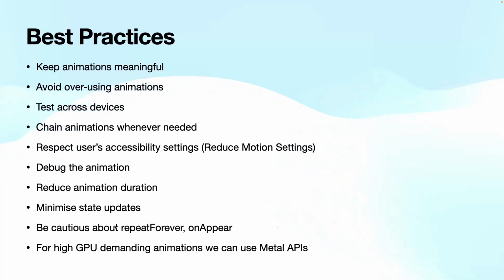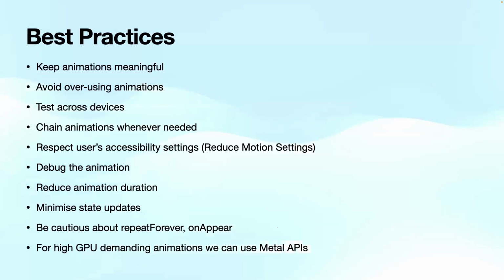And also you need to be very cautious about repeat forever, because that will repeat forever. There is no other functionality to stop that, so you need to be aware about that. And also with on appear, if you trigger an animation on appear, then that particular view may re-render multiple times, so you just need to be aware about that as well.